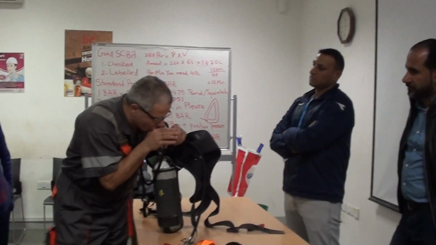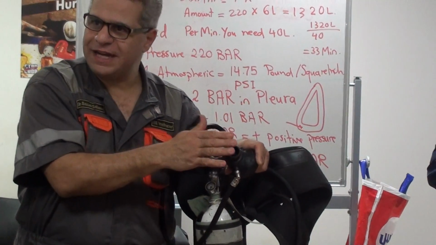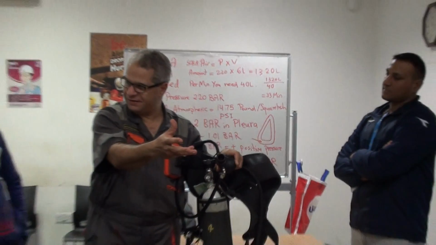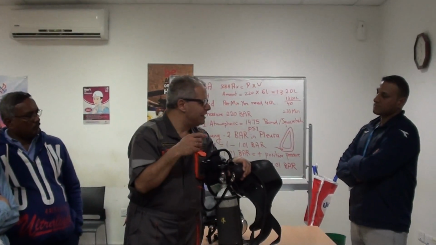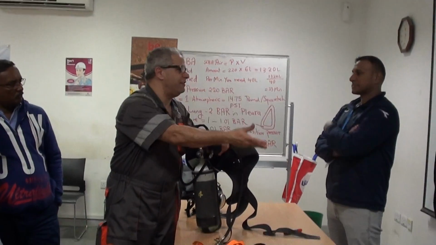When you connect this demand valve to the mask, you have to take deep inhalation. This deep inhalation will activate the valve to open and to give air for you.